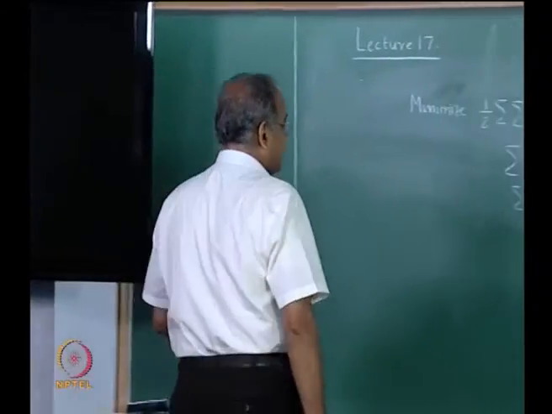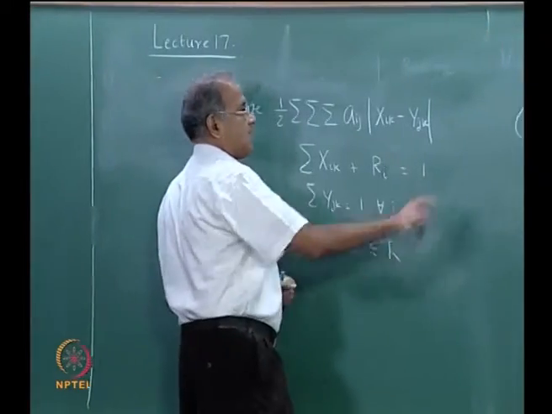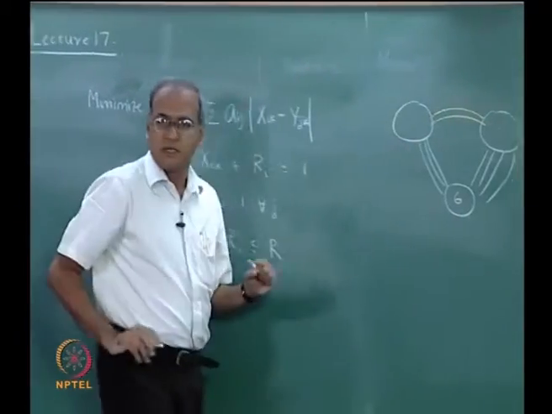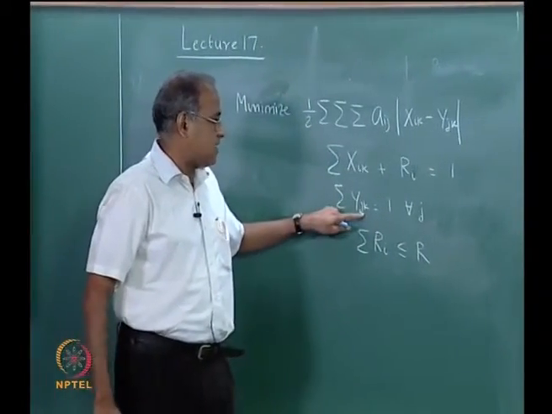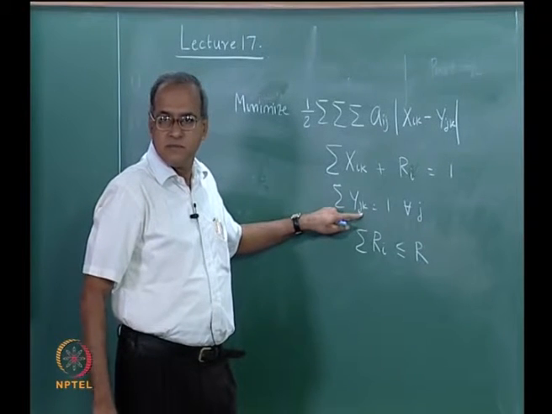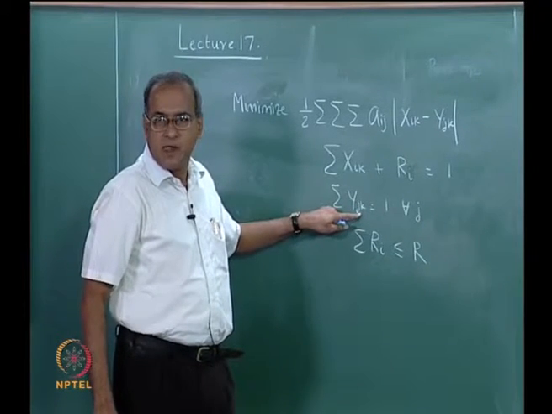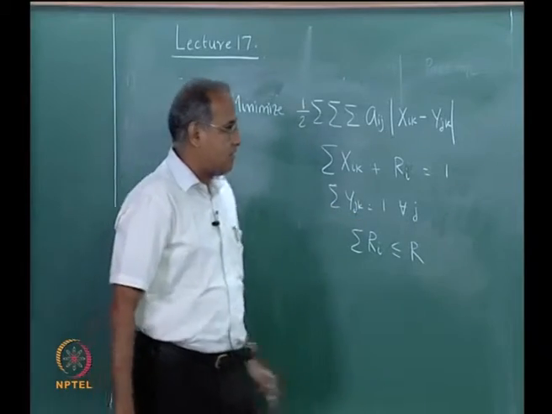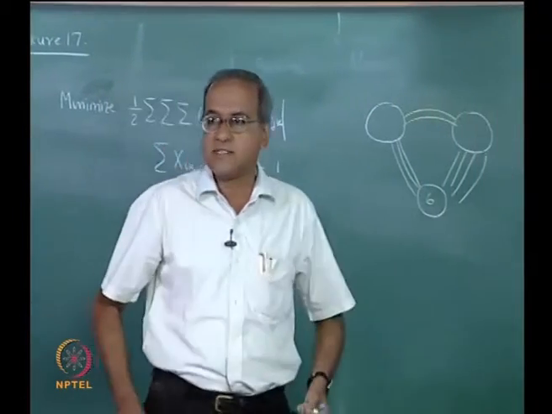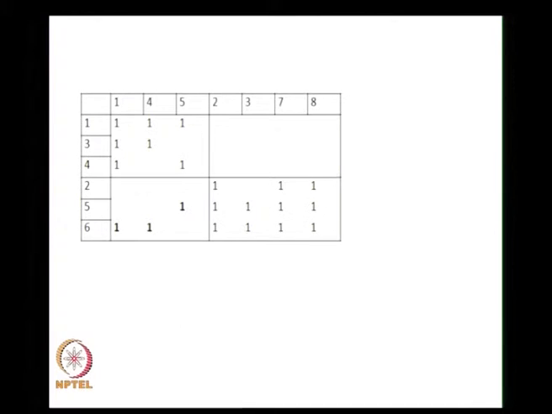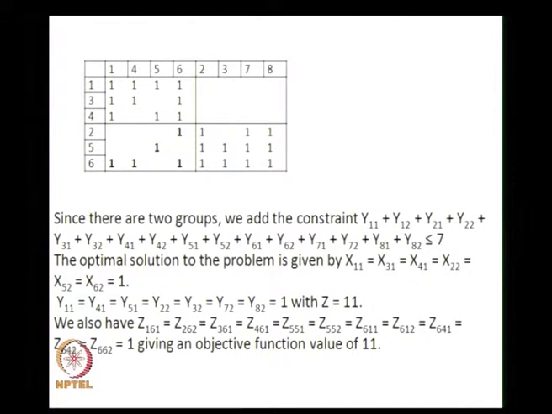Now, parts are not assigned to the remainder cell, parts are assigned either here or here. So this is fine, sum of y_jk is equal to 1. Now, when machine number 6 is assigned to the remainder cell, going back to the matrix, let us see what happens here.